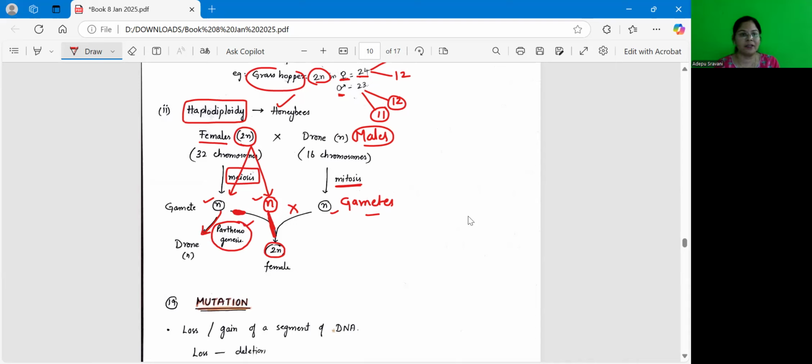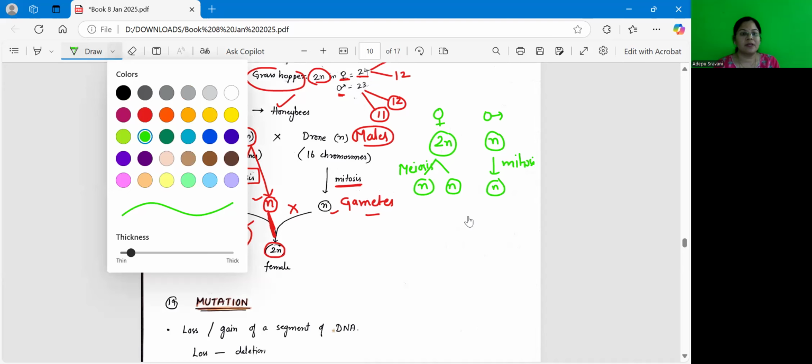See here, again, I'll write. See, females are diploid, males are haploid. This is female and this is male. Females will produce gametes by undergoing meiosis, and males will produce gametes by simply undergoing mitosis. So we don't see reduction division in case of males.